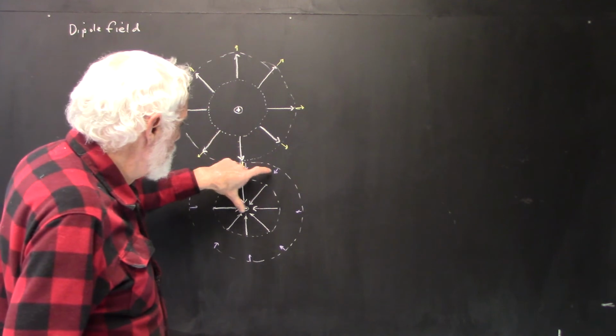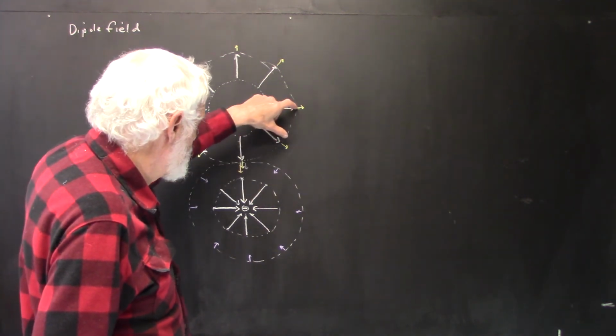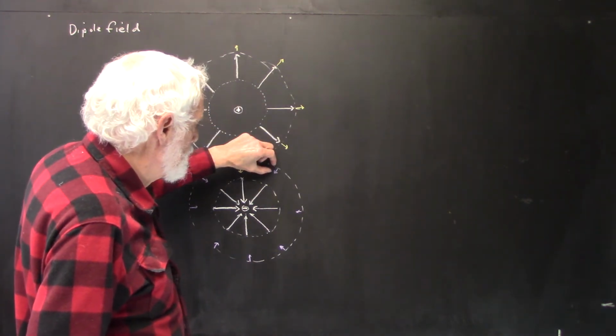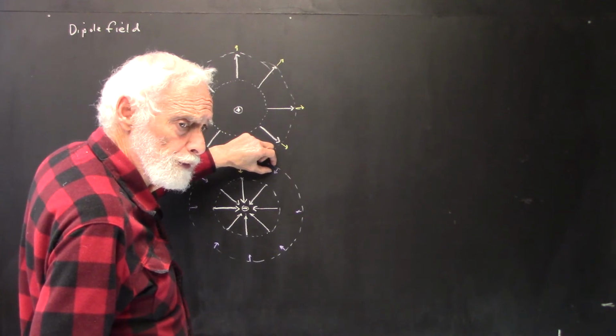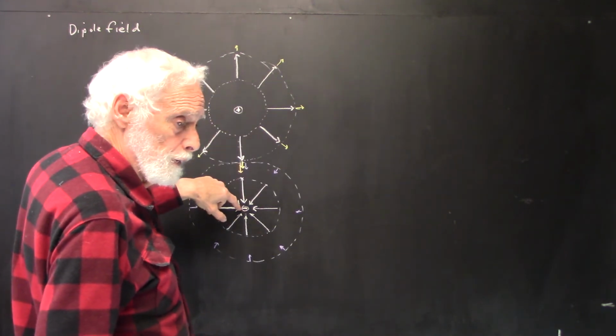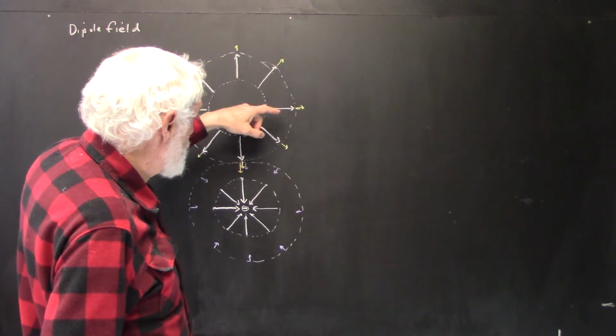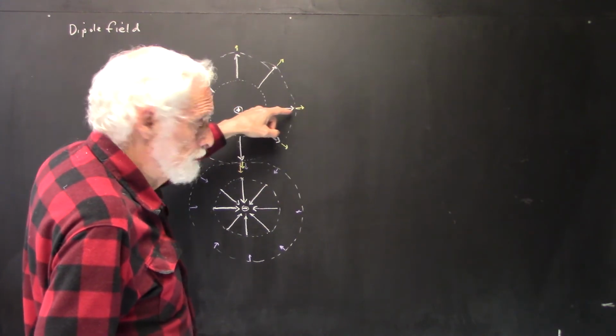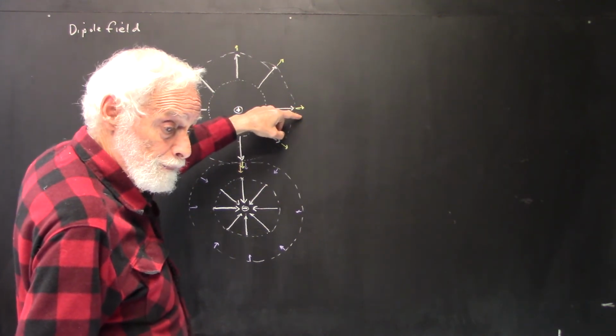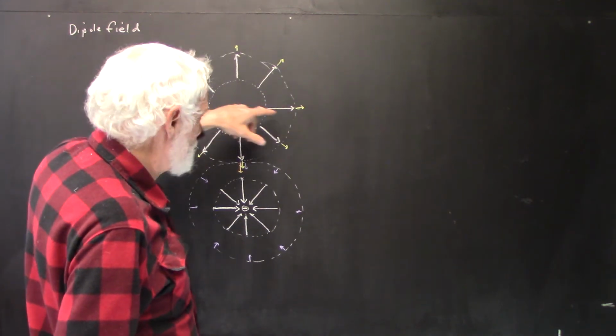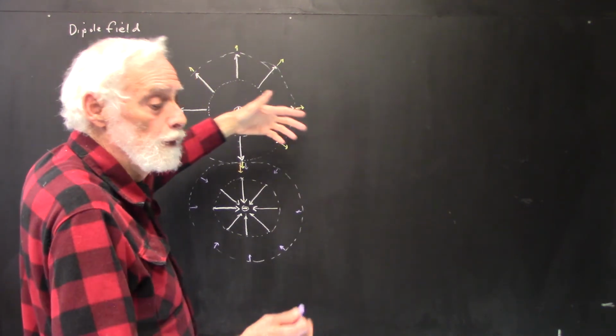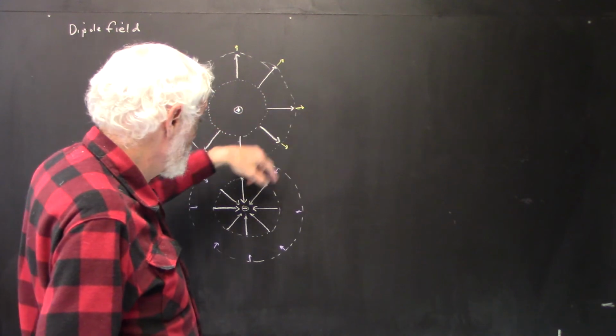Okay, so if we go to twice this distance, the vectors are going to be 1/4 as long as they were here. The vectors due to the negative charge. So now I've got the vector that's due to the positive charge, essentially the electric field of the positive charge at this point.